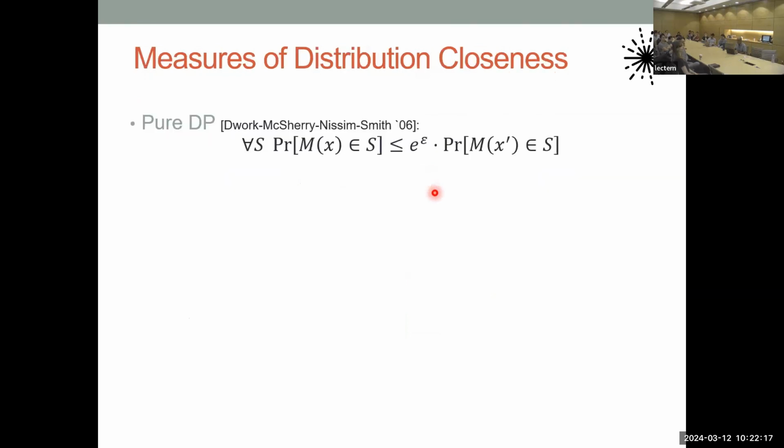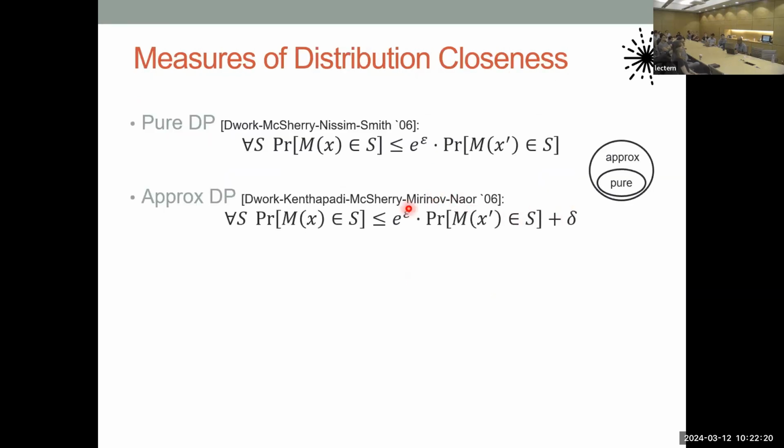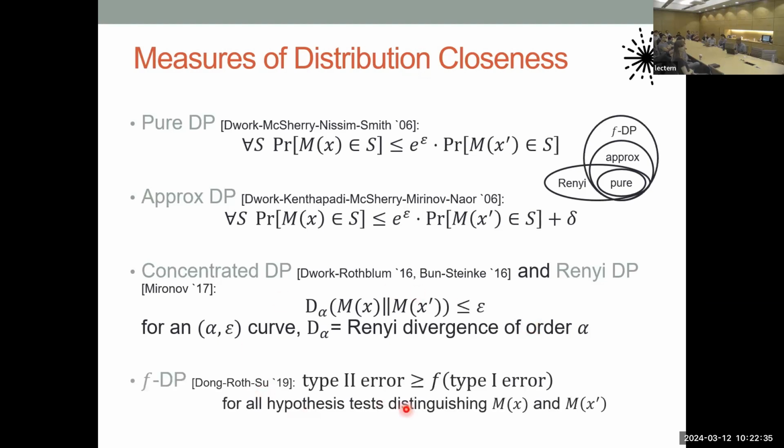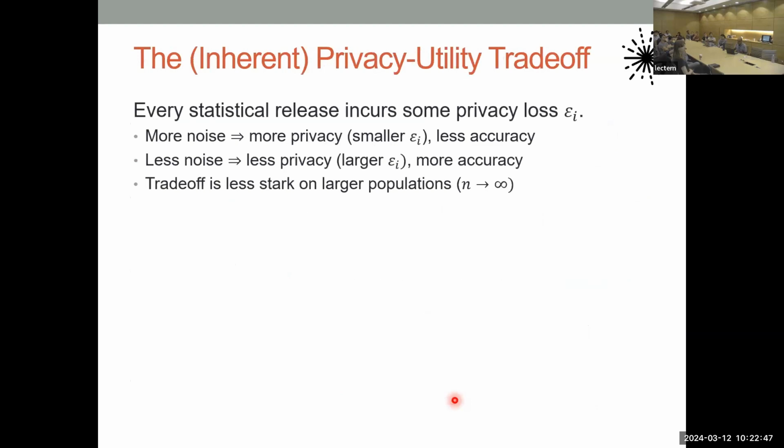Sometimes you use two parameters, a multiplicative epsilon and an additive delta. Sometimes we use these Renyi divergences, which, if you've heard of them, are generalizations of KL divergence from information theory. And sometimes there's another formulation, f-DP, that uses the hypothesis testing viewpoint of differential privacy, where the adversary is trying to do a hypothesis test on whether it is data set X or X prime. Okay, so that's just a preview of things that will come later.